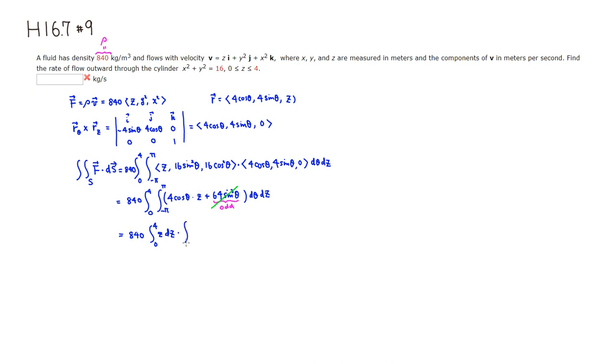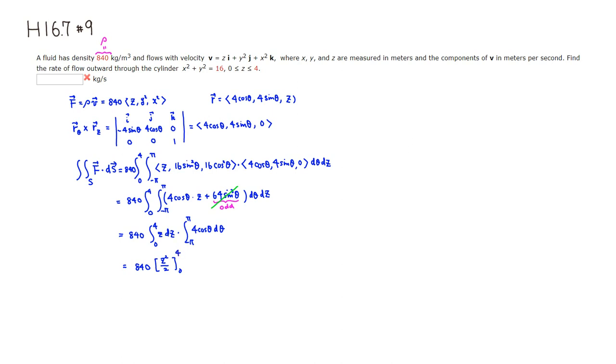Then you have the integral from negative pi to positive pi of 4 cosine of theta d theta. This is equal to 840 times the antiderivative of z, which is z squared over 2, going from 0 to 4.